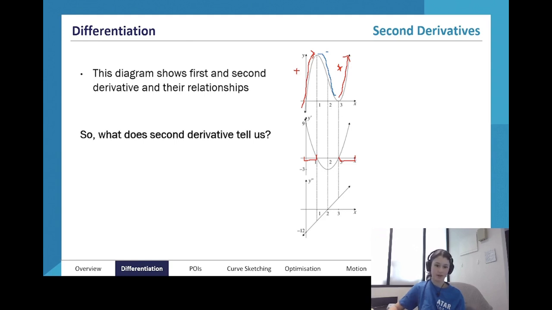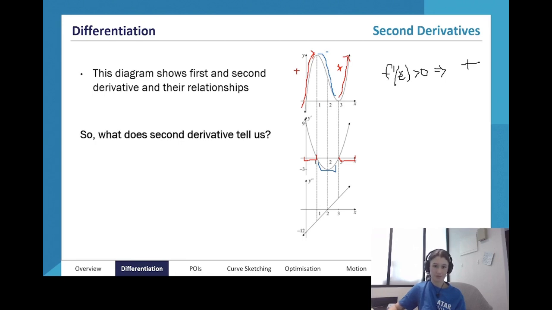And then in the middle section in here, our derivative is negative because it's below the x-axis. And as you can see, these sections correspond to the original function. And this is why if our derivative is greater than 0, then we have a positive gradient or an increasing function.